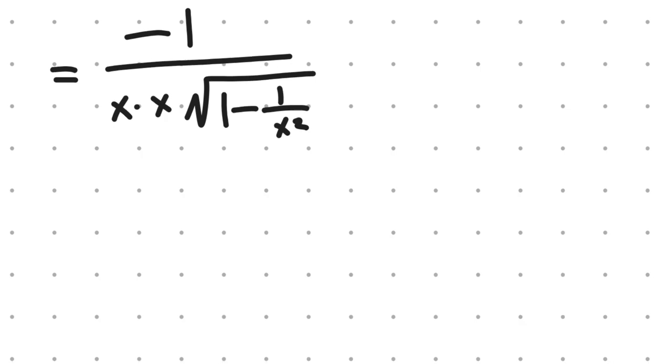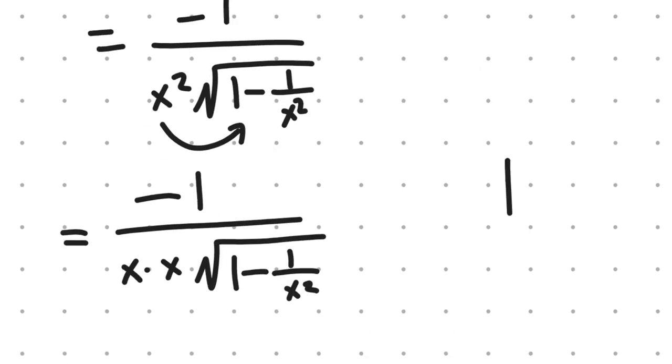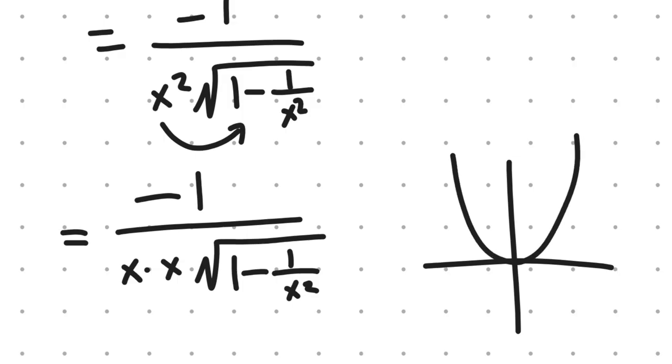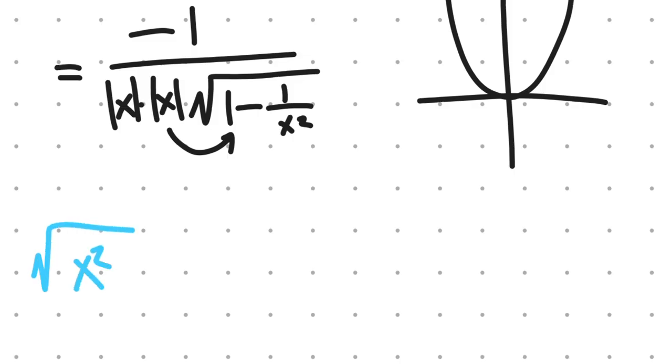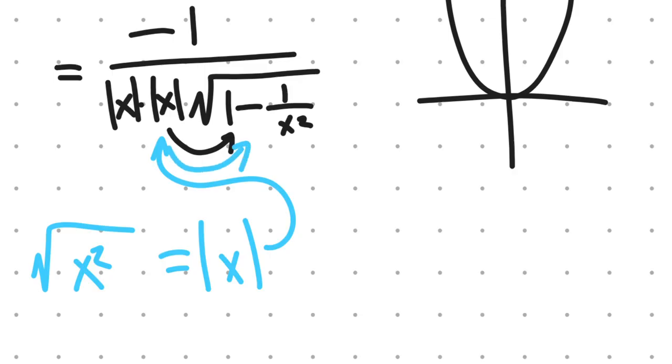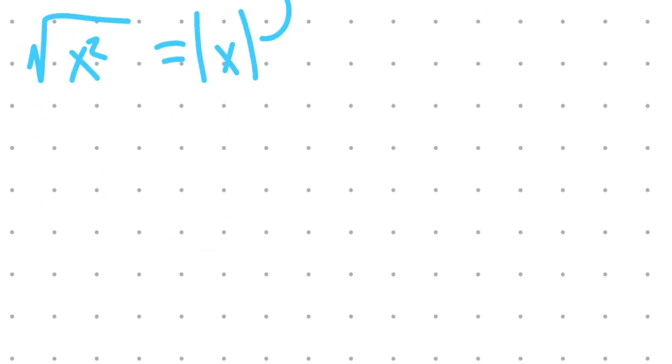Now x squared as a function is always positive, except at x equals 0, where it is 0. Which means if you want to split the x squared into the two x's, we have to take the absolute value on both sides. So I'm just going to put this one in, which is simply equal to the square root of x squared, and that is equal to the absolute value of x. So we can put this in here, simplifying everything out.